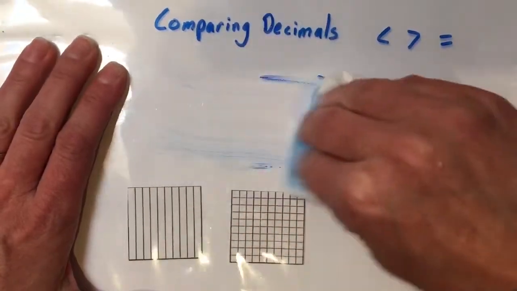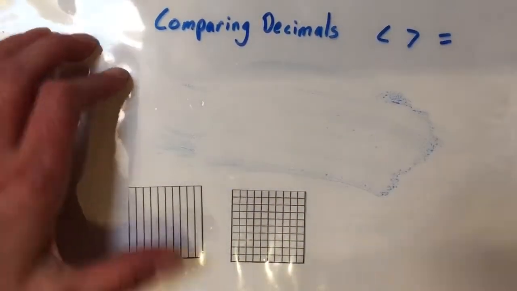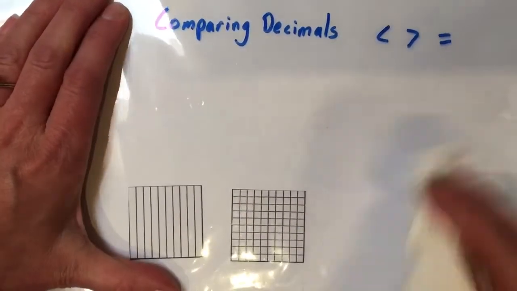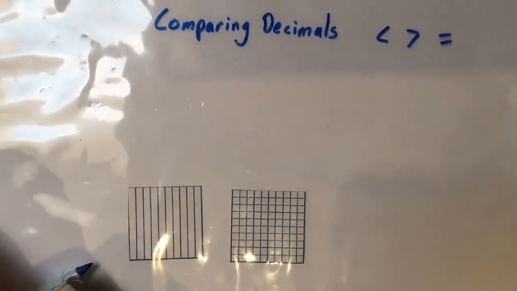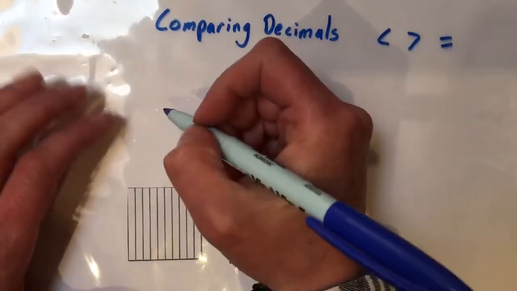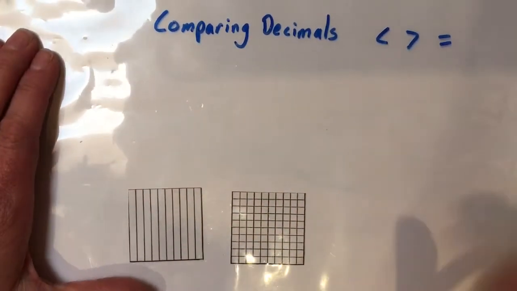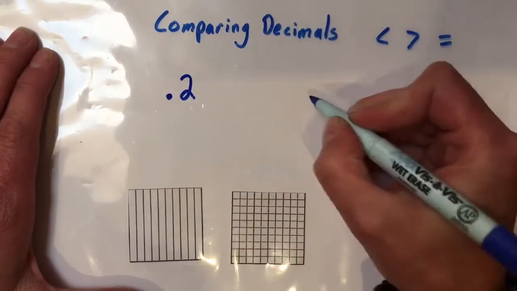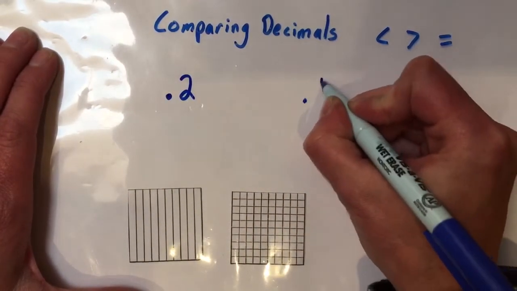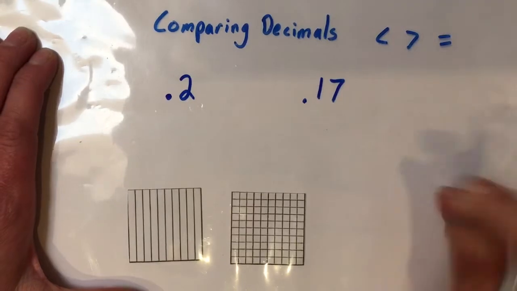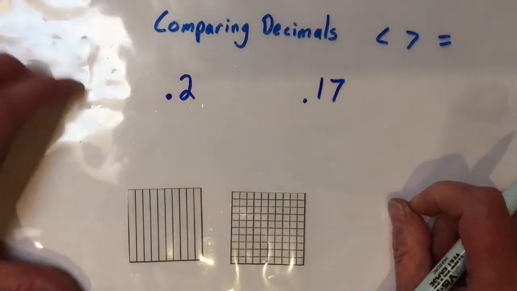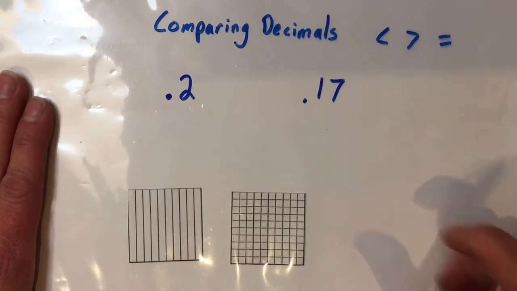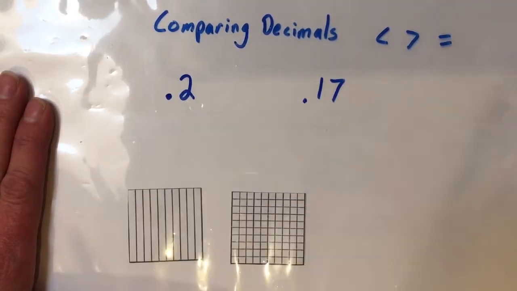So now here is where we start getting a little tricked. If I were to give you a number like 2 tenths or 17 hundredths, when fourth graders look at this, they sometimes look at it and say, oh, 17's bigger than 2.